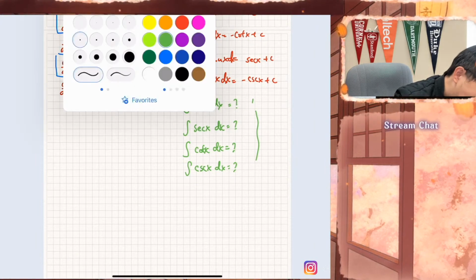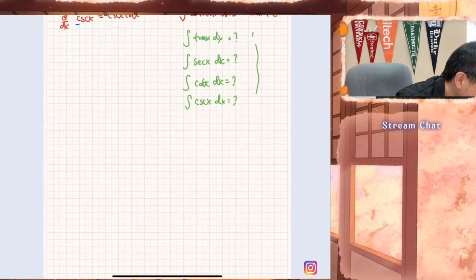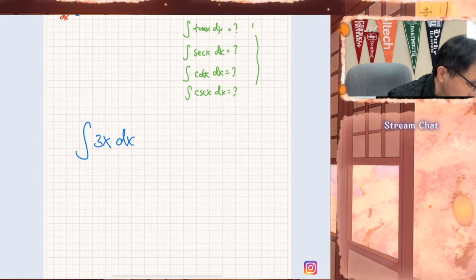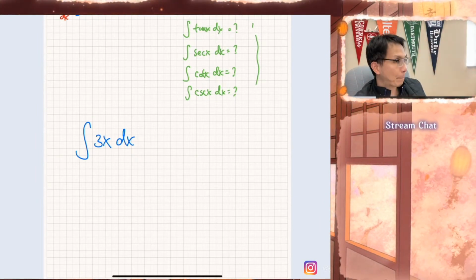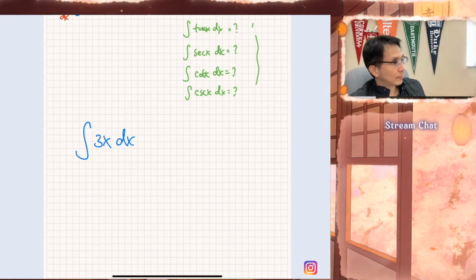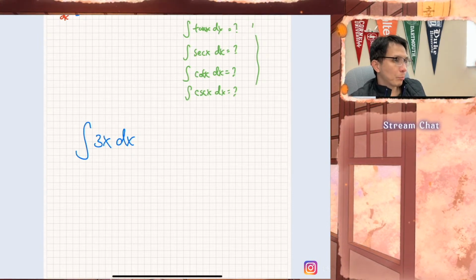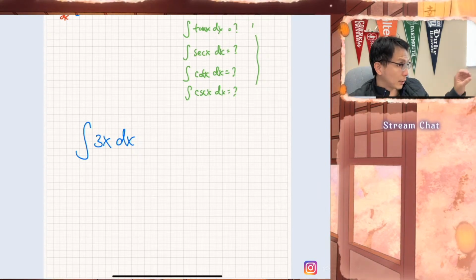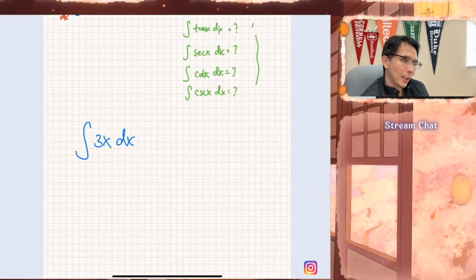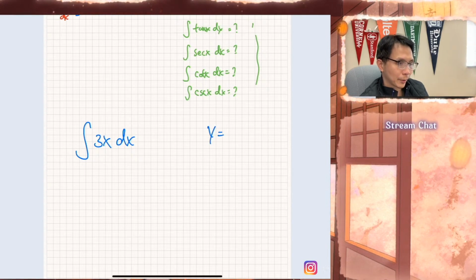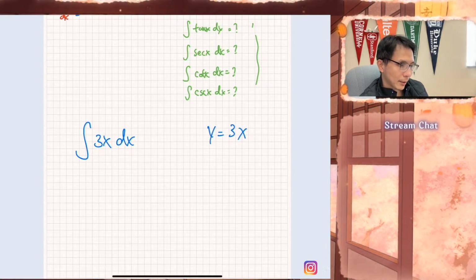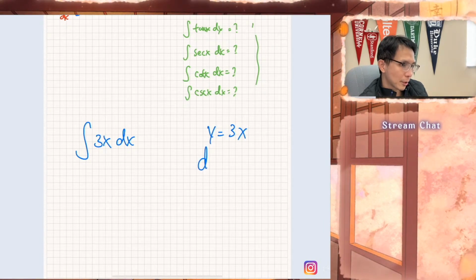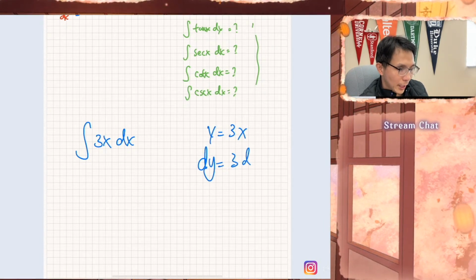Okay, so now we're going to talk about what's integration of 3x dx. Small question. Why is it 3x? Why does there have to be a dx after that? We didn't talk about that part because we're supposed to talk about a section called differential. But if I have y equal to 3x, you do differential, it's going to be dy equal to 3 dx.